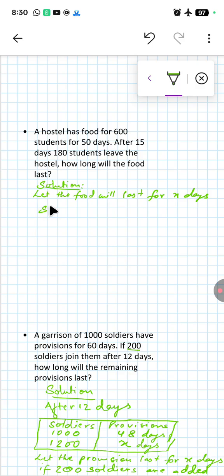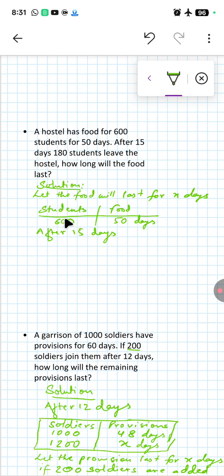Now how many students are there? Let us write that. Students and food in terms of days. So how many students are there? 600 students, and the provision is lasting for 50 days. After 15 days, what has happened? After 15 days, it means these 600 students have eaten for 15 days.